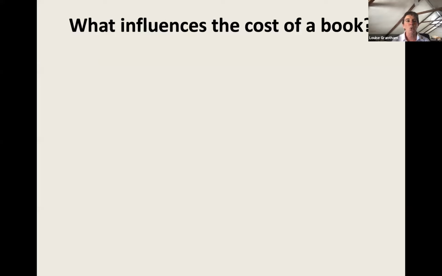And so you won't come away from this knowing what a book costs, because each book is different. Every different piece of the book that you're thinking about will have an influence on the cost. So remember from the beginning that the numbers are going to be illustrative, because there's no answer to what does a book cost. It depends. It's the how long is a piece of string question.